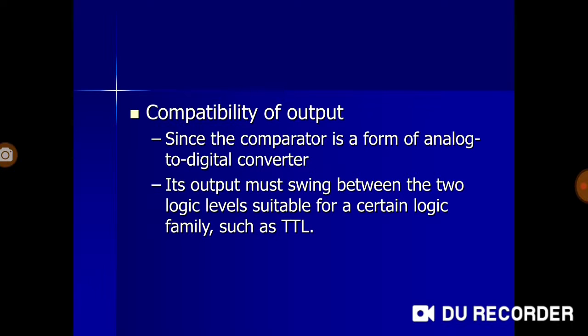The output must swing between two logic levels, plus VSAT and minus VSAT, as we talked about, and these logic levels should be suitable for a certain logic family, because all logic families have certain criteria for the voltages they accept. For TTL there is one set, for RTL there is one set, and CMOS logic has another set. So everywhere the voltage levels should be as per the required logic family.